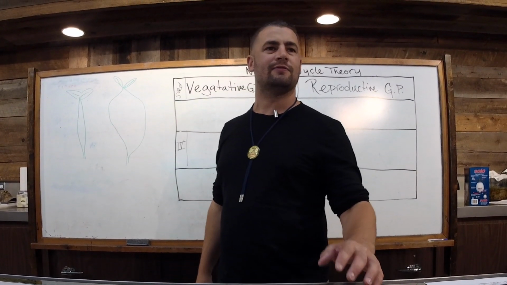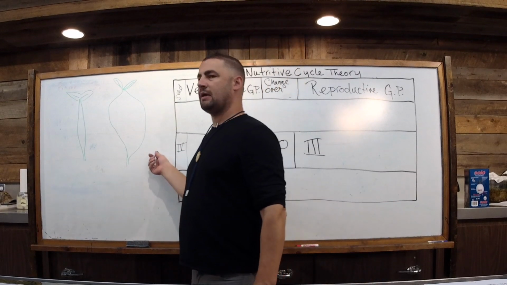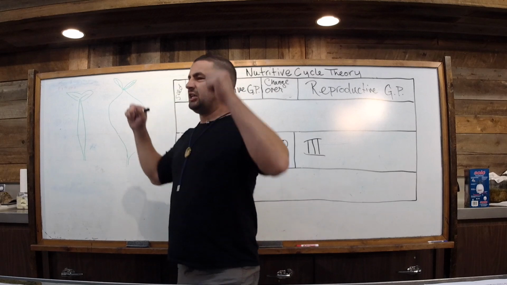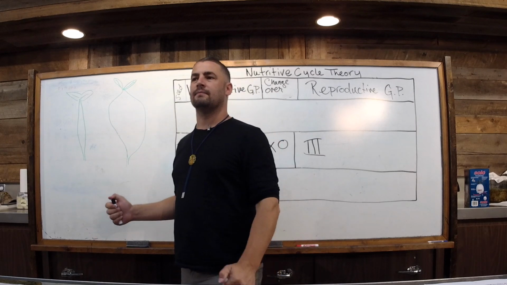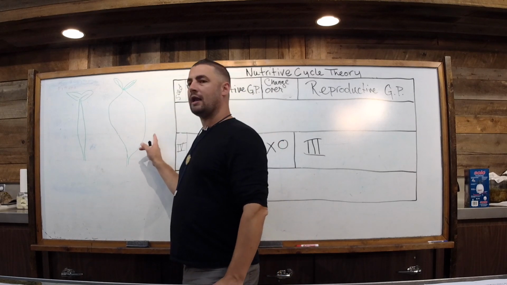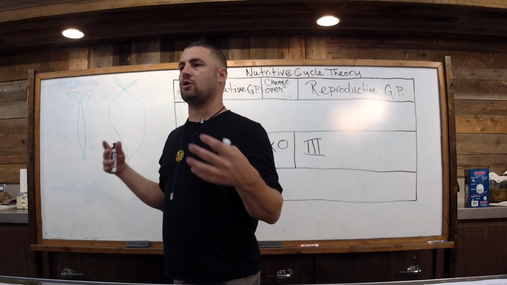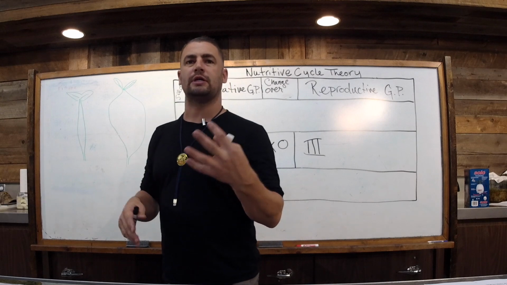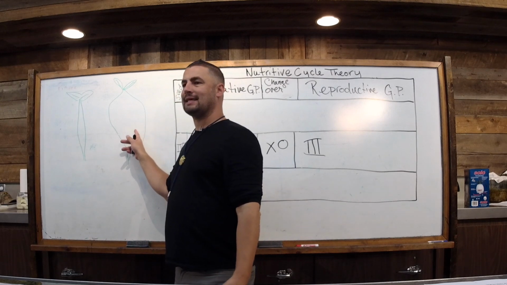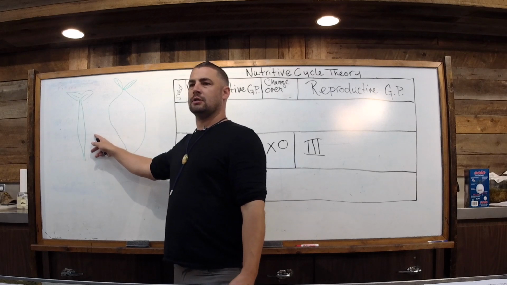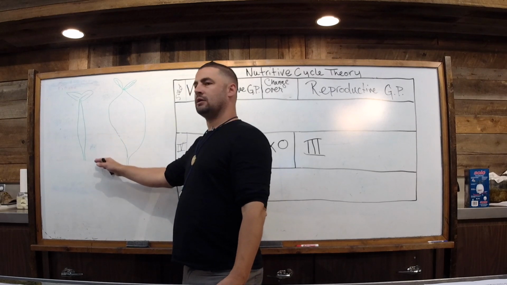You know, it's kind of maybe lazily vegetative growth. It doesn't look like it's striving for the sun. What I have the power to do, or in the nutritive cycle, what I need to do as a farmer is say, I think it needs a little type 3. I need to push it towards this direction.